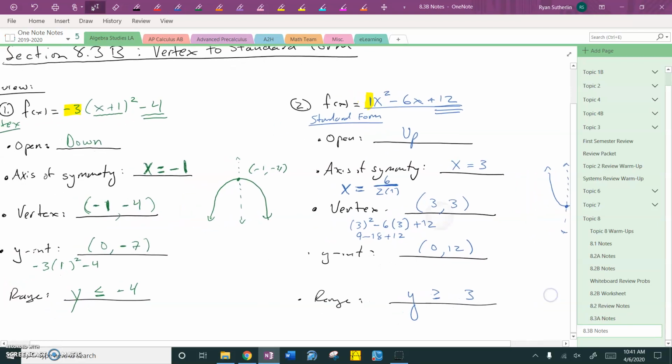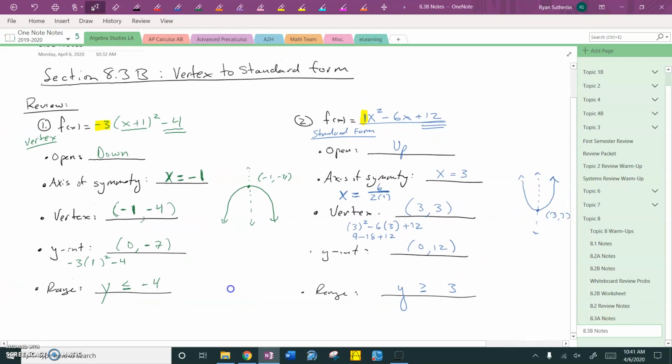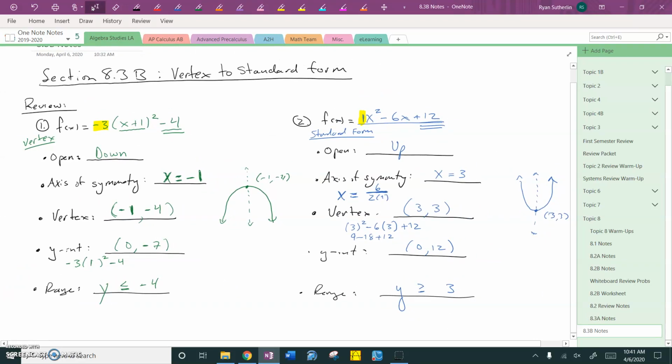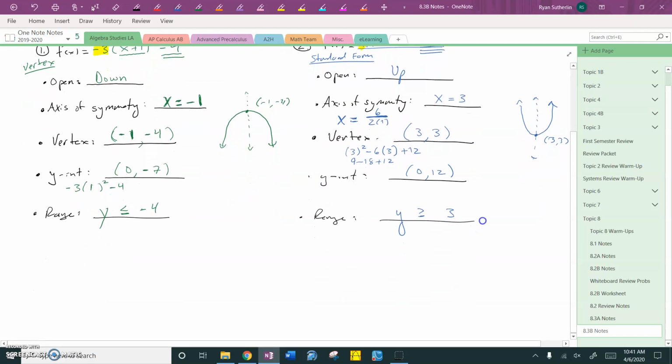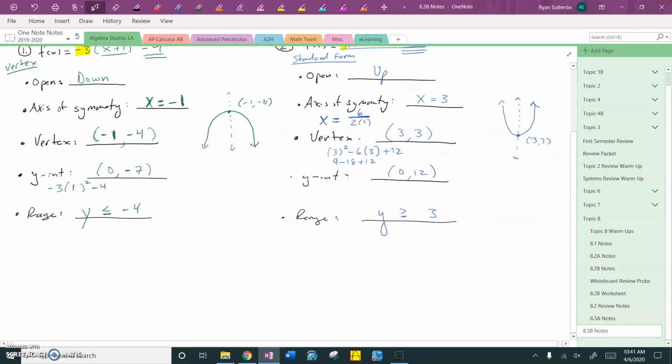So this is really what we've done the last couple of blocks. The one on the left, number 1, was what we were doing previously and a little bit after spring break, and then number 2 was the new topic that I introduced on Friday. Now, we can go from one form to another pretty easily when we're going from vertex form to standard form.